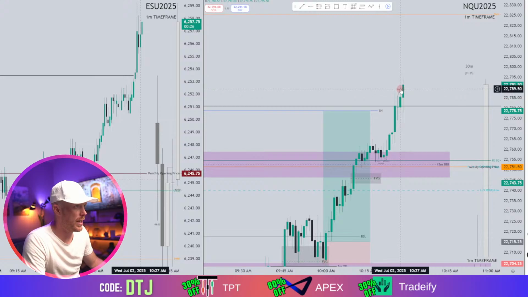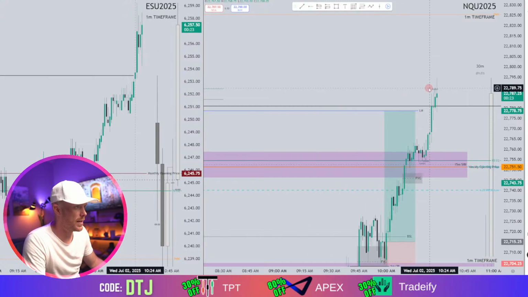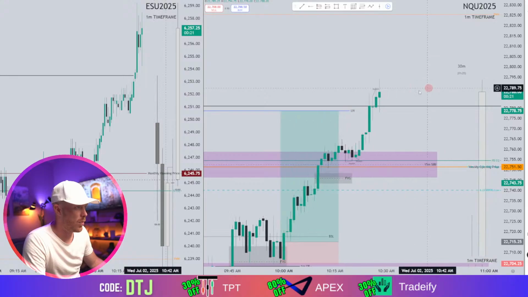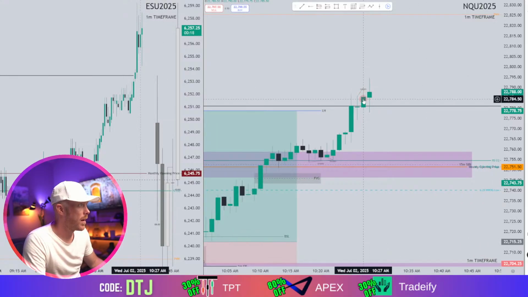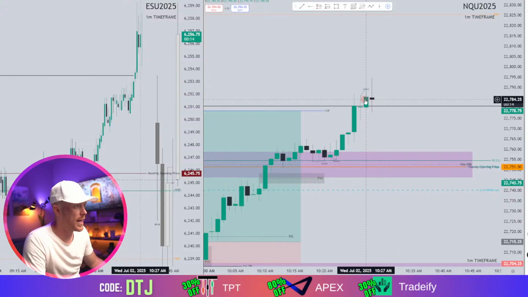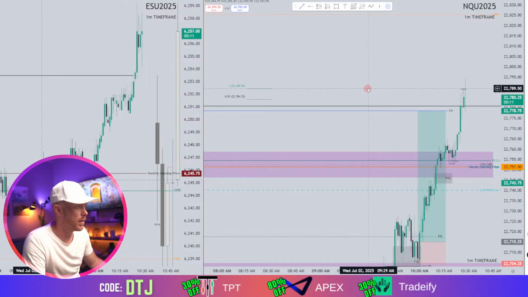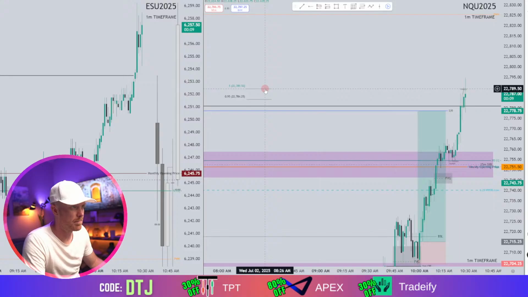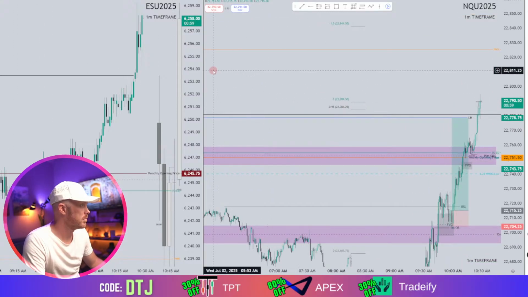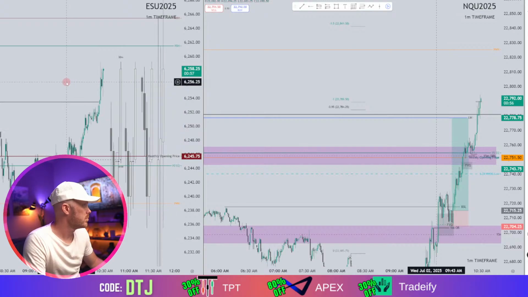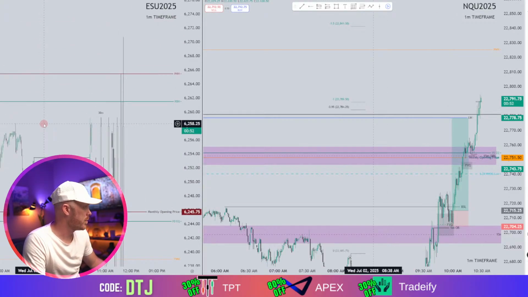Our second purge higher before it continued, that wick stopped at 22,790, 3 ticks higher than our take profit, or our 1 standard deviation. If it rolls over right here, that's going to be sweet. Honestly, I don't expect it to roll over.